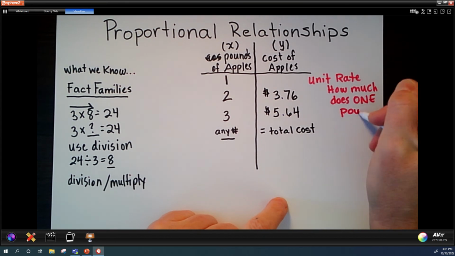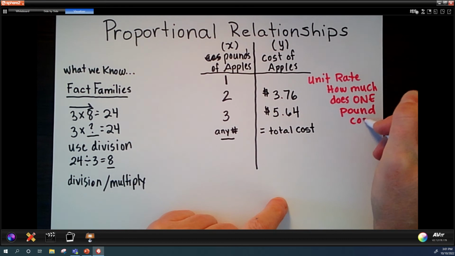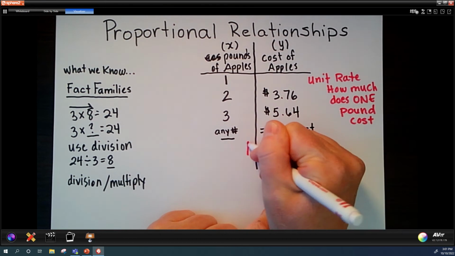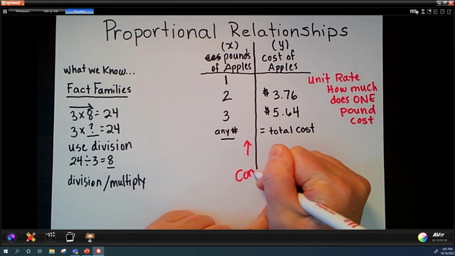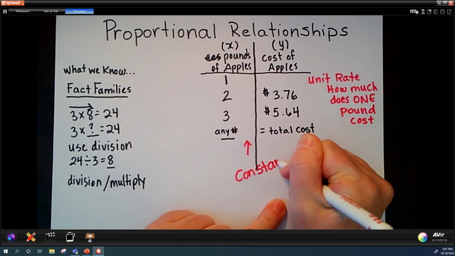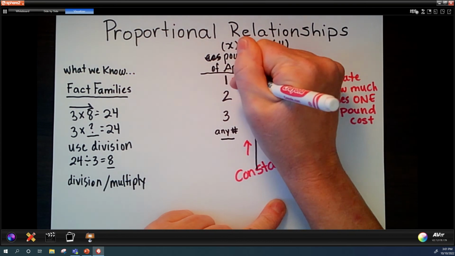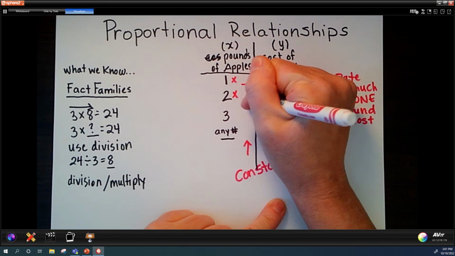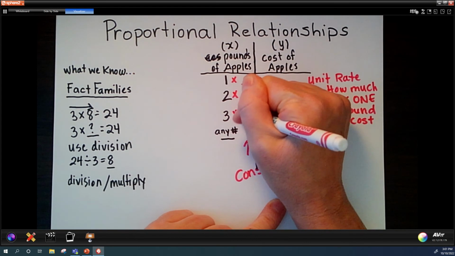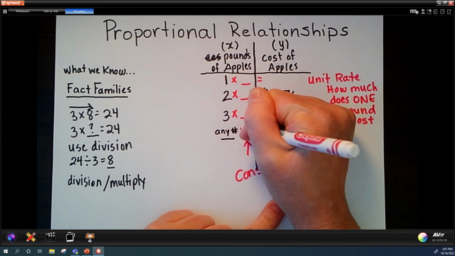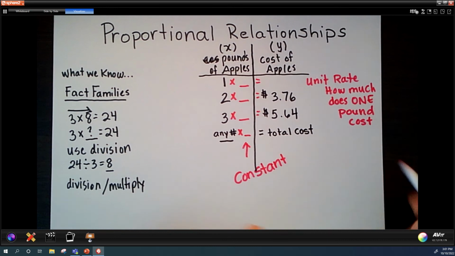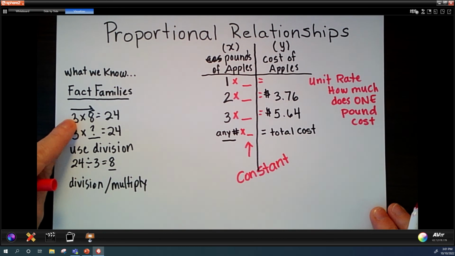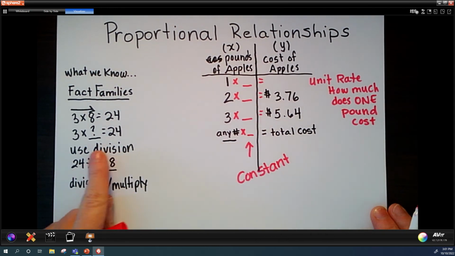This is also the constant. Every step along the way, we're multiplying by something to get to the other side. Any number times something equals something, just like our fact families. We're looking for the missing number.